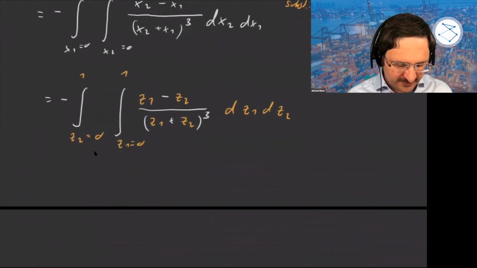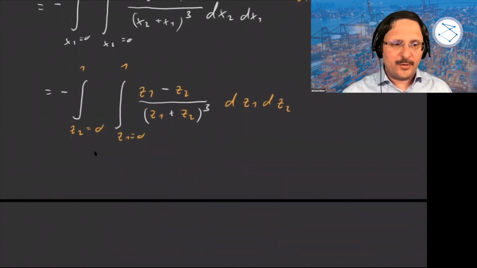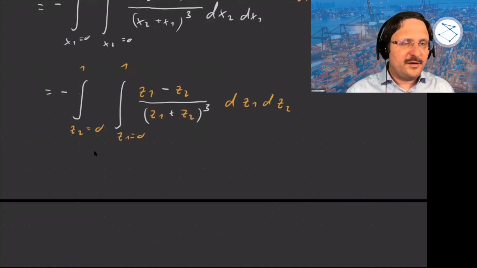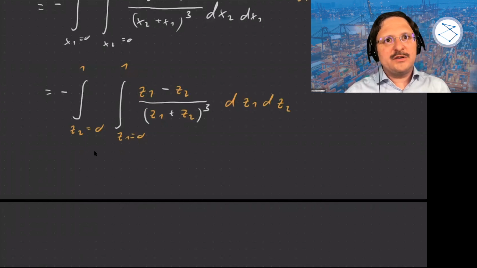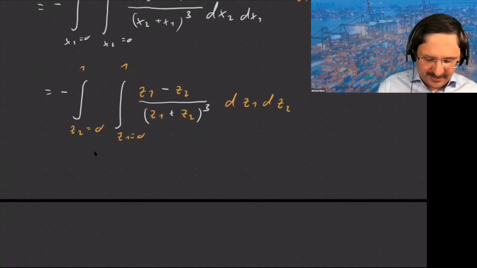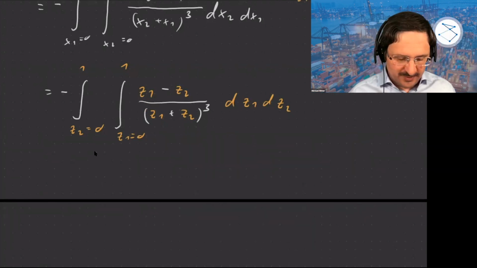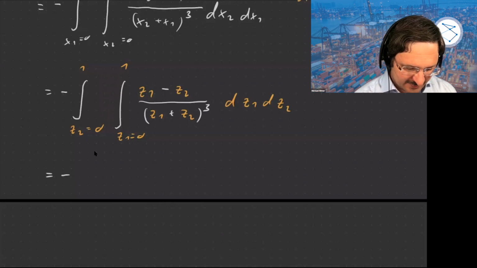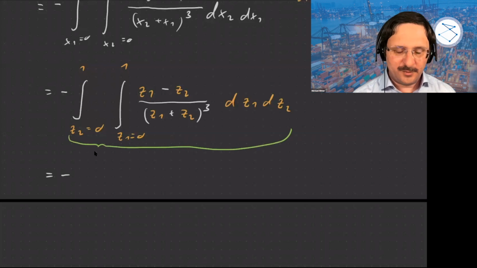And as you can hopefully see, that is the very same integral that we have just computed. The only difference is instead of x, we now use c for the variables, but the name doesn't really matter for the result here. So of course, the result will be the very same. So what we get is minus this integral here, which we've computed before.